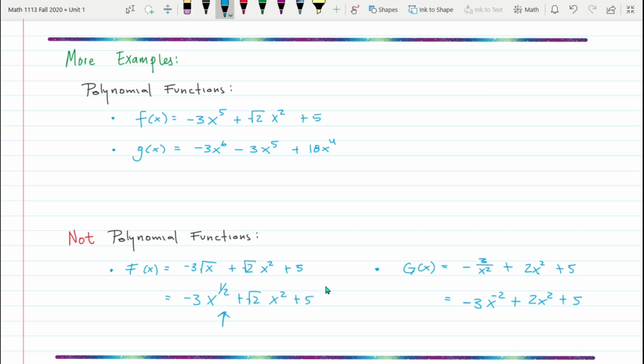Because the power is not positive. It has to not be under a fraction or something like that, because that makes the power be written as a negative exponent.